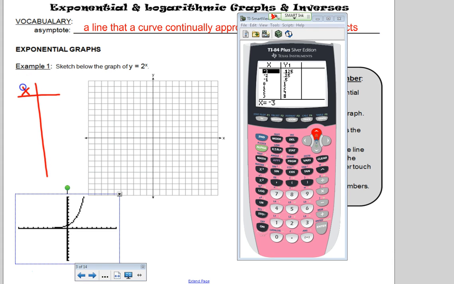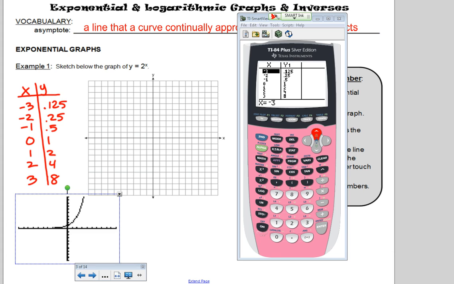You don't get points off, but it is a really good idea to do this. Okay, so -3 is about 0.125.